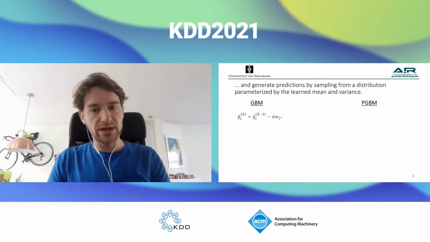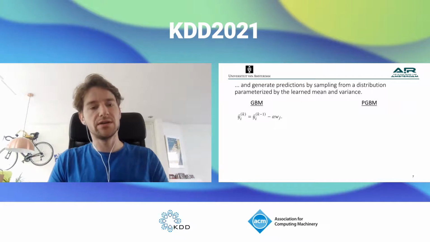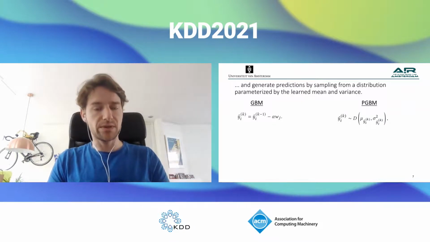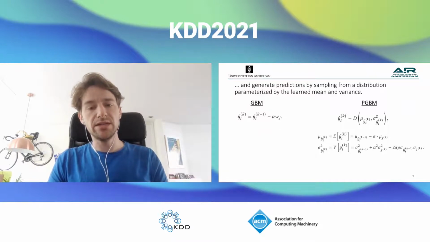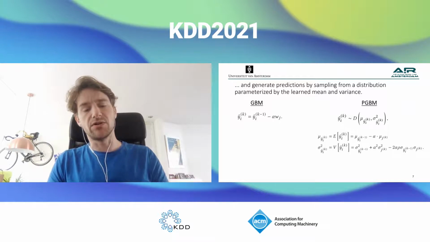In probabilistic gradient boosting machines, we do the same thing. However, our estimate is a sample drawn from a distribution parameterized using the mean and variance that I showed on the previous slides. And these means are simply the aggregates of all the means over all the trees.